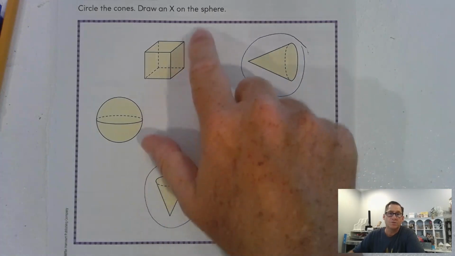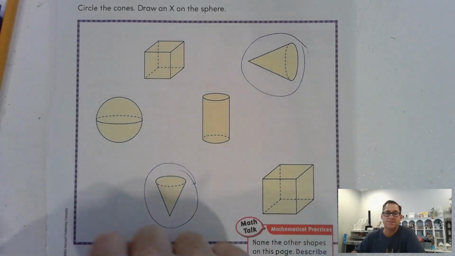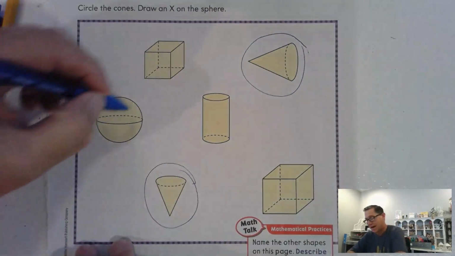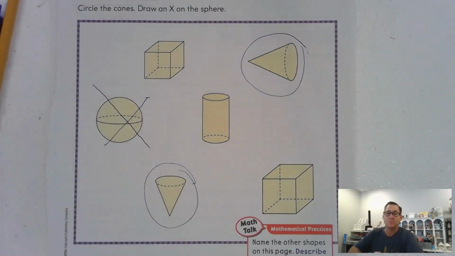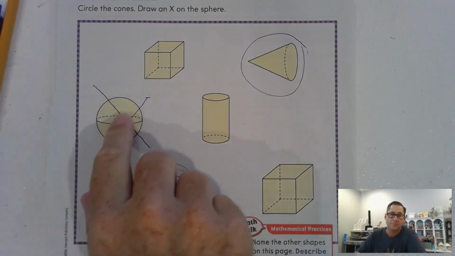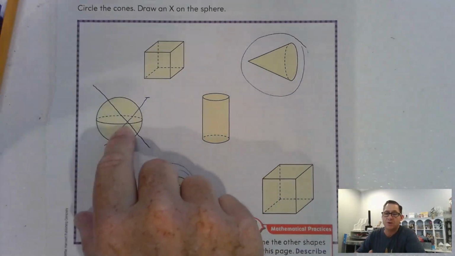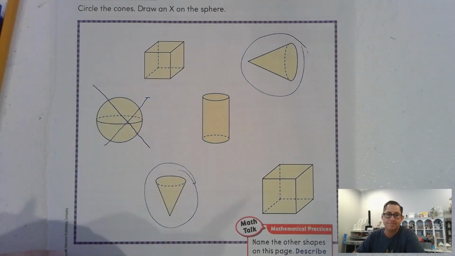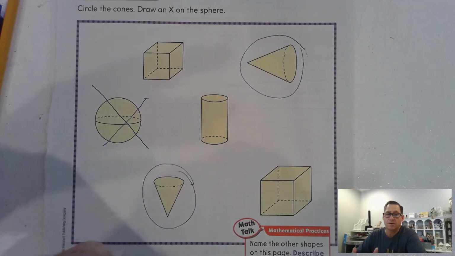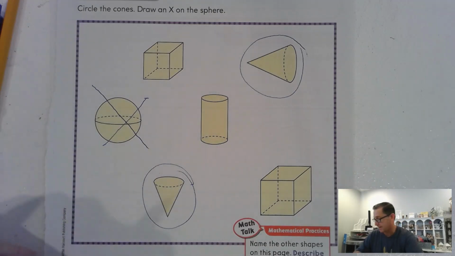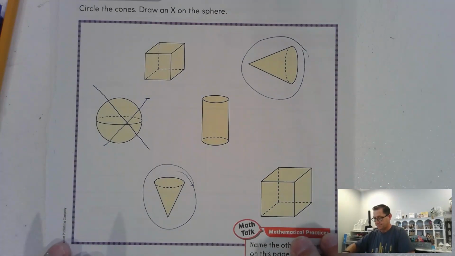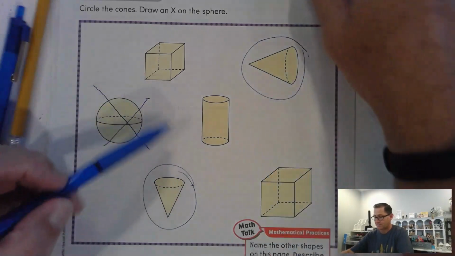Put an X on the sphere. Well, a sphere is round and can roll. Things like a basketball, a soccer ball, a globe are all considered spheres. So why didn't we circle these other shapes?